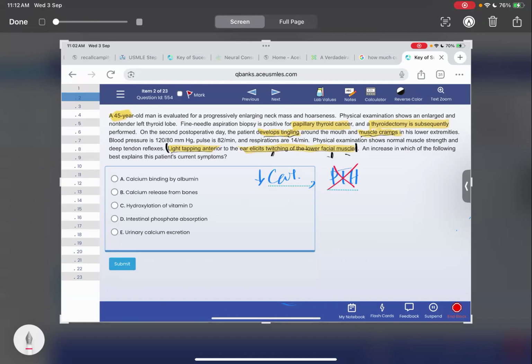Urinary excretion. So, starting from the first one, option A: calcium binding to albumin. I think we have discussed this in pulmonology. How is it affecting? There will be less free calcium in the blood. No, I am asking about albumin binding to.